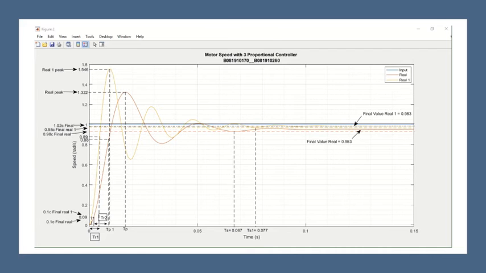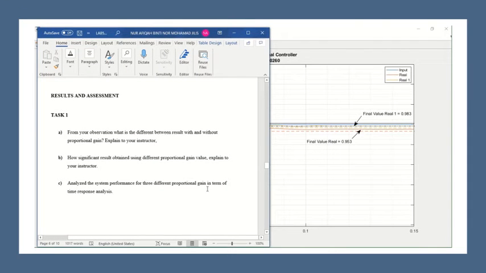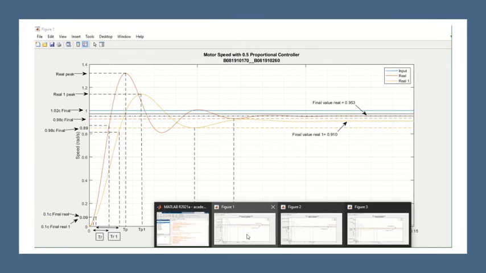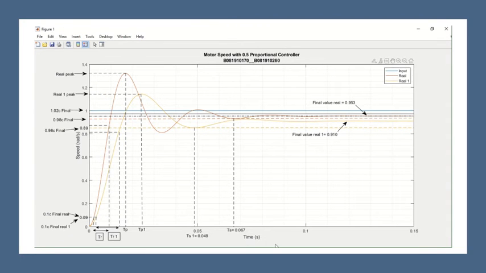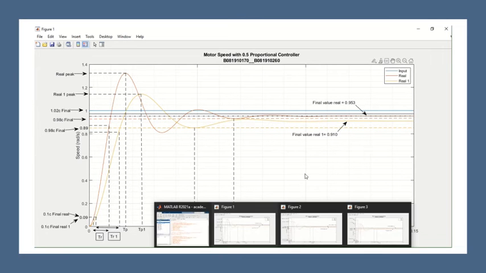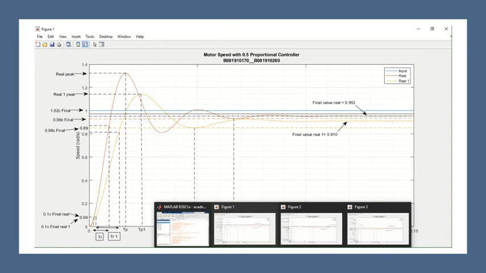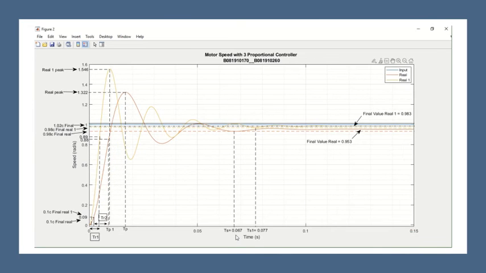So next we go to question C. Analyze the system performance for 3 different proportional gains in terms of the time response analysis. So for the time response analysis, I have got TS 0.049, 0.049, 0.067.